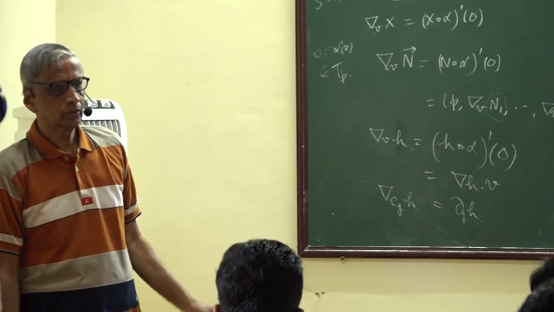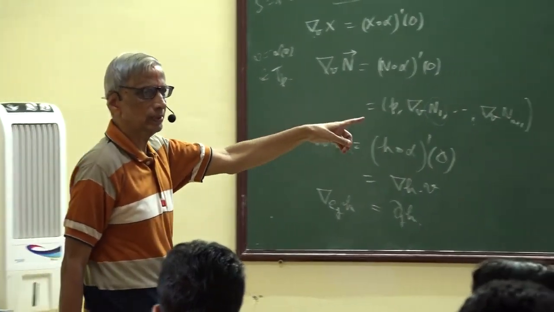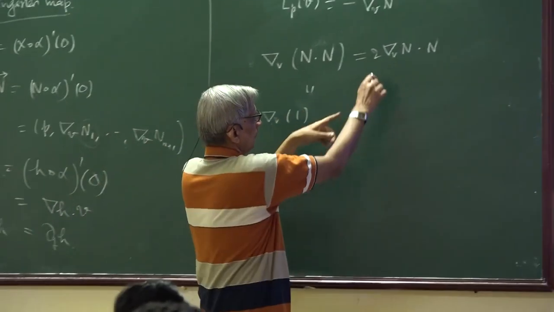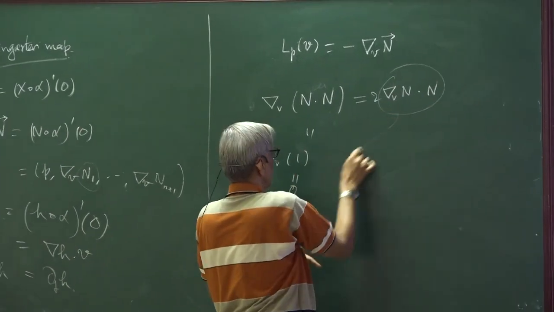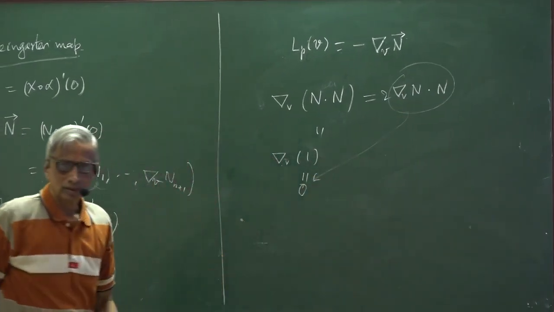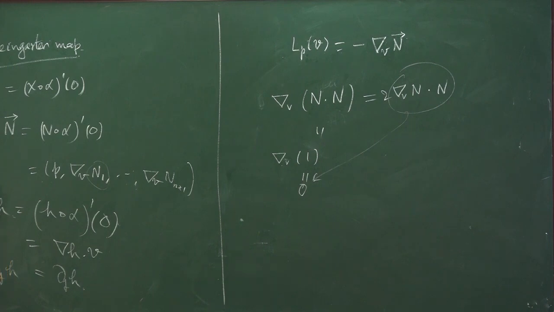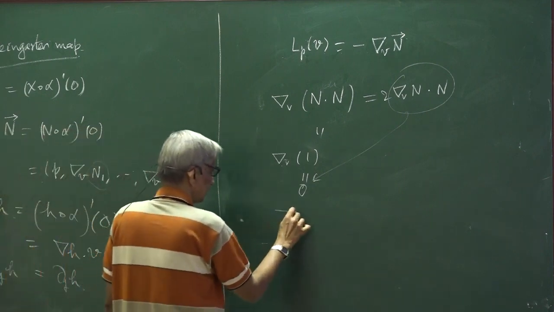Right? So what is the conclusion? This is 0. That means del V N is orthogonal to N. Okay?